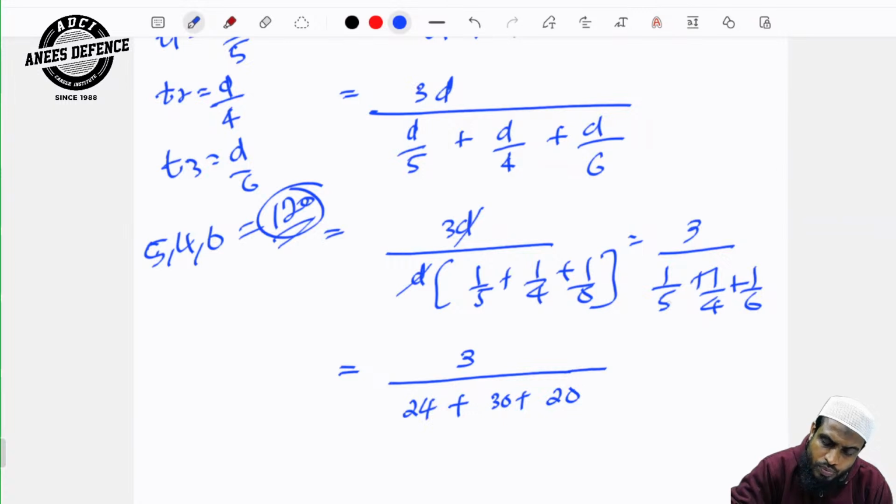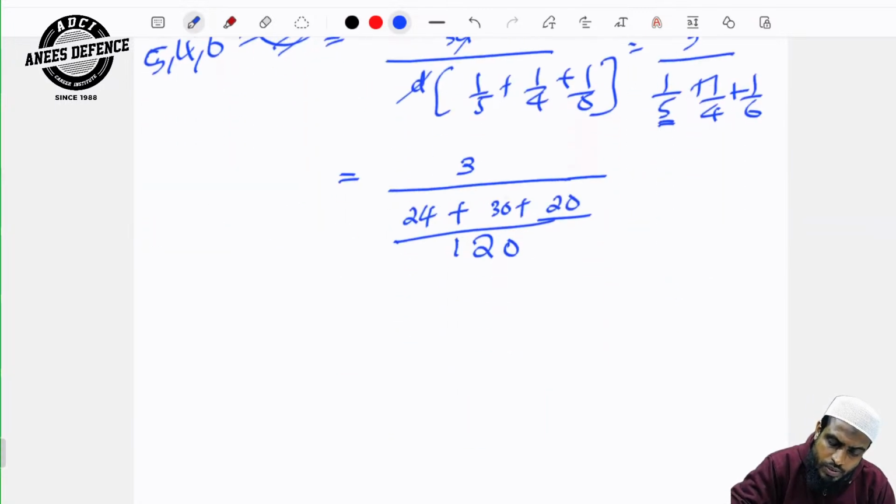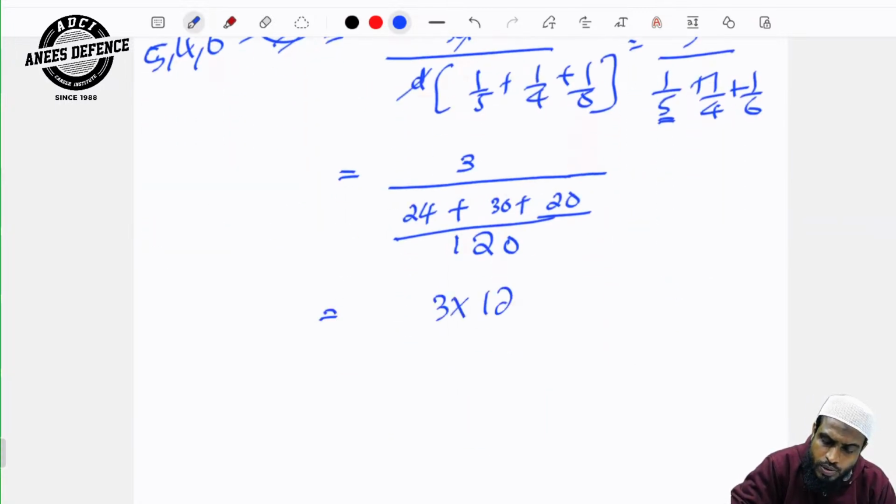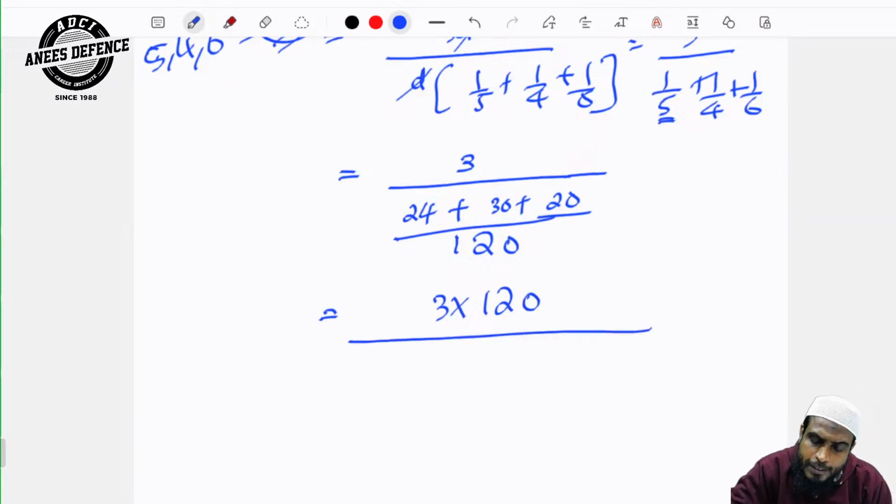When you are putting on 5, you have to multiply 6 into 4, 24. When you are considering 1 by 4, you have to multiply 6 into 5, 30. Then when you are considering 1 by 6, you put 120 divided by 6, 5 into 4, 20. So this can be written as 3 into 120 divided by 20, 30, 24. So 30 plus 20, 50, 50 plus 24, 74.